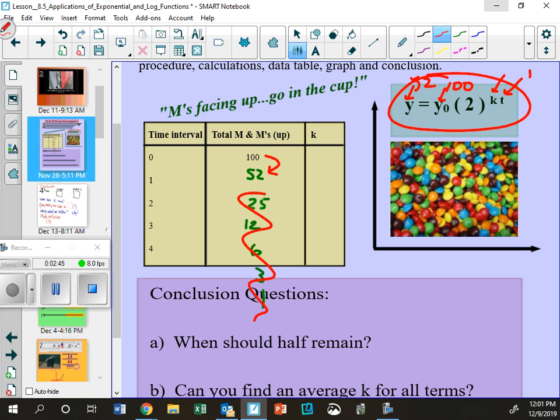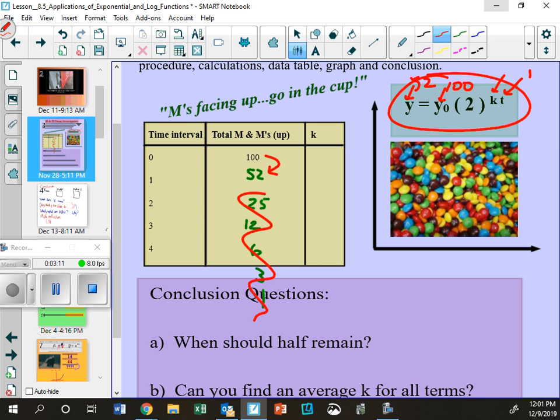But what's the problem with just doing one trial of something? It's not very accurate. It's like asking one person who's going to win the next presidential election or whatever. It's not very accurate. Now, if you ask 10 million, then you got it very accurate. So if I do this a bunch of times, then I can get a much more accurate K. One more thought on that.